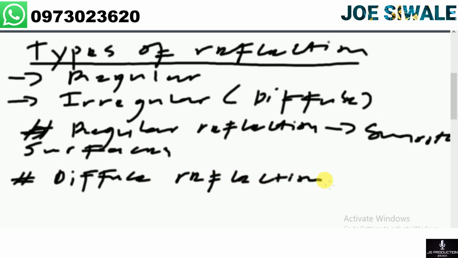So this is the type of refraction that is formed from rough surfaces, or surfaces that are not smooth.